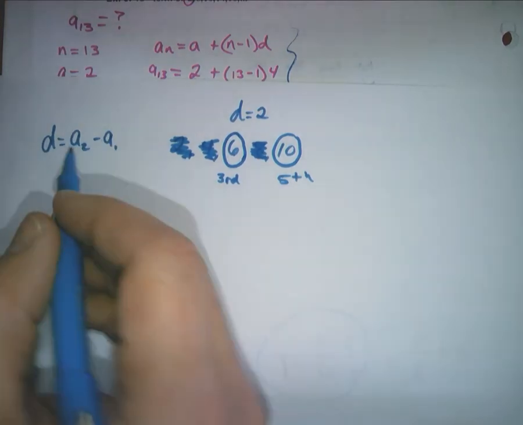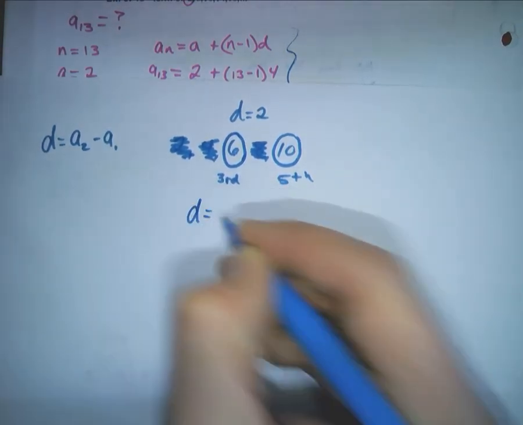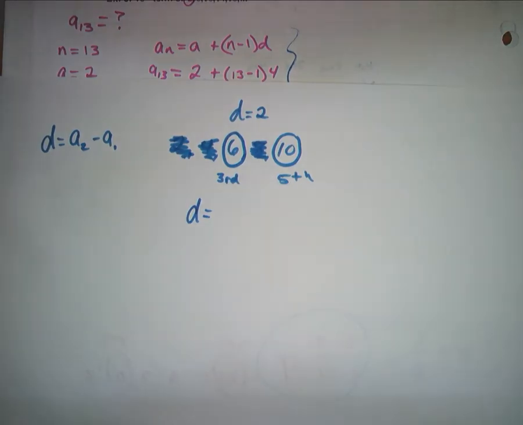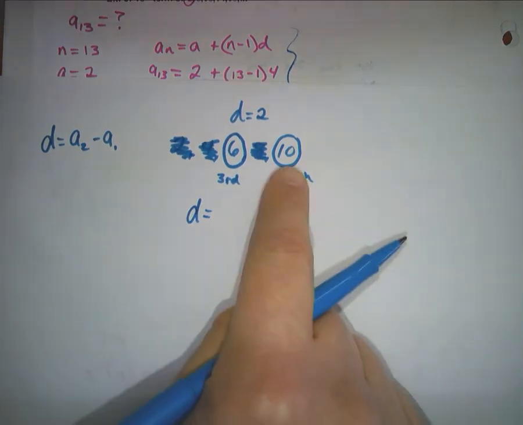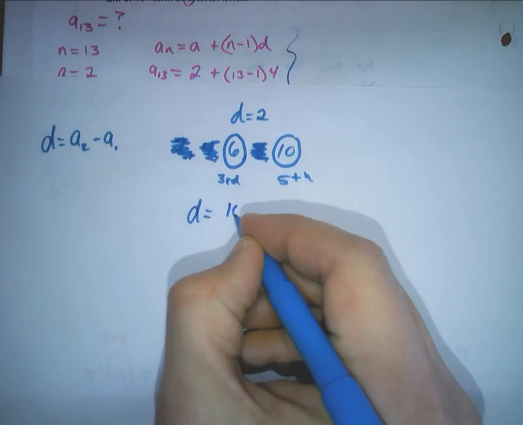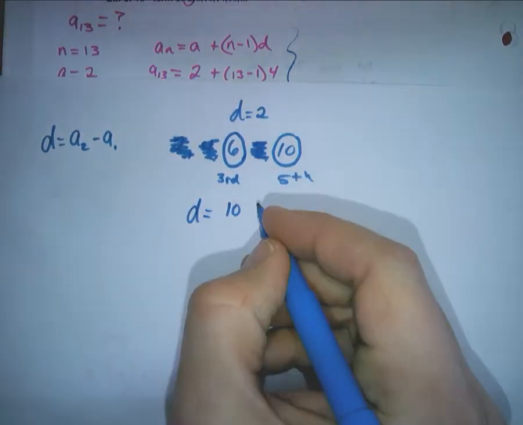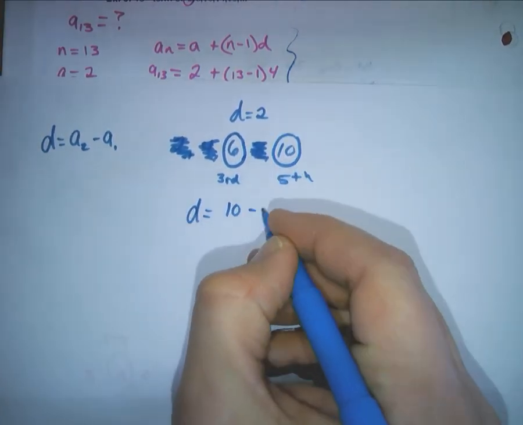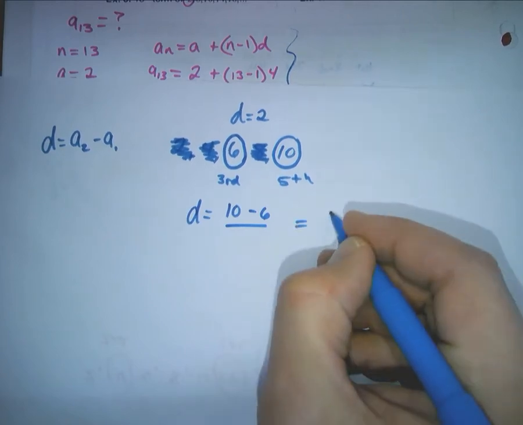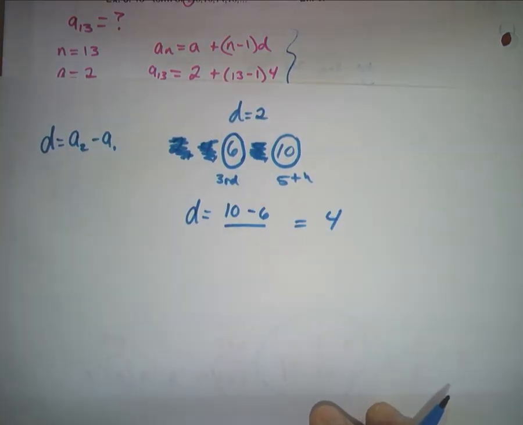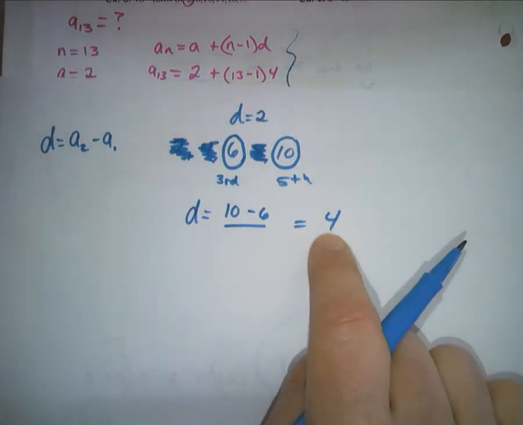Okay, so that's kind of the idea, all right? If you subtract these two, this is kind of where we're leading here, and Kaylee's kind of got us on the right track. If I subtract these two, like we normally would, right? If I do 10 minus 6, you all agree that's only 4. Well, that's not 2.